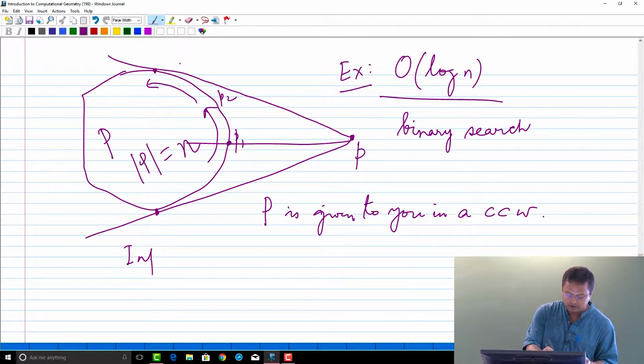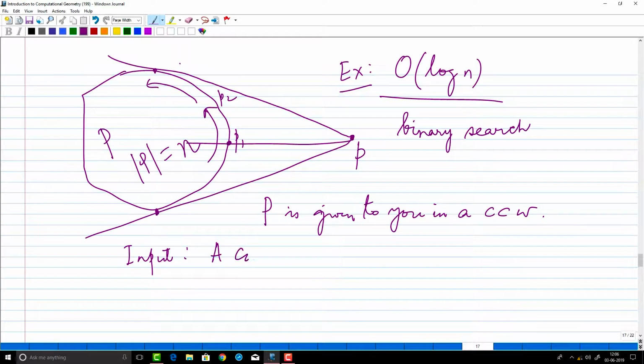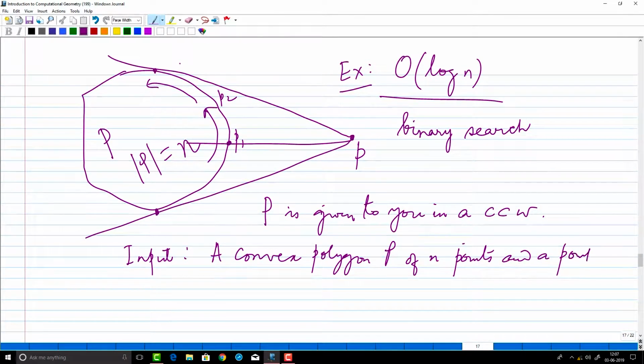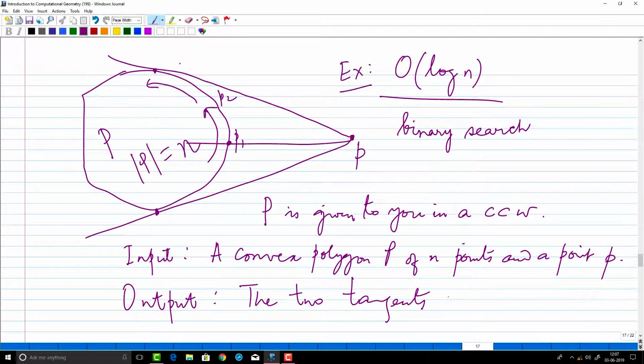So, your input is a convex polygon P of n points and a point P. Your output should be the 2 tangents from P to capital P. The challenge is to do it in order log n, right.